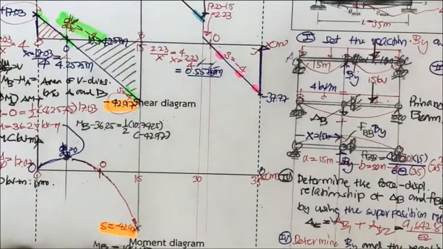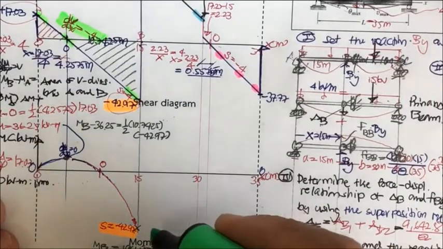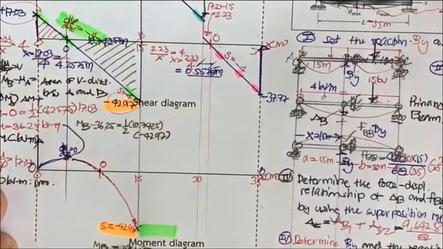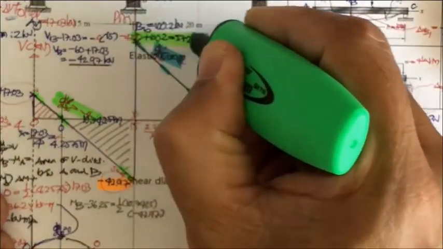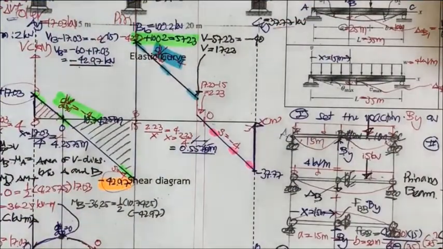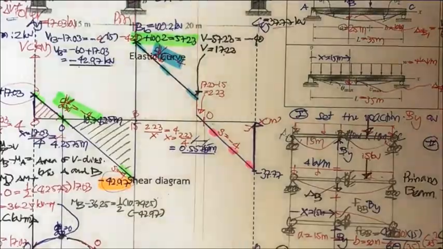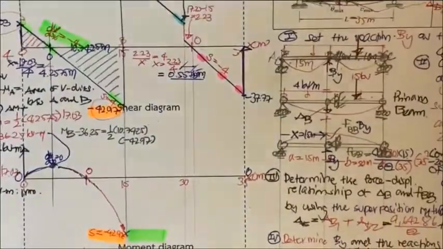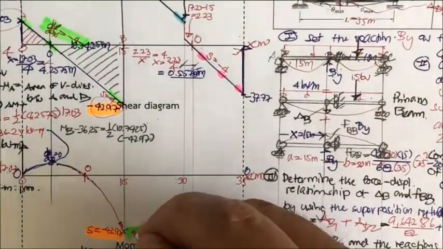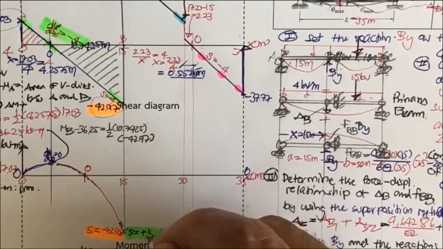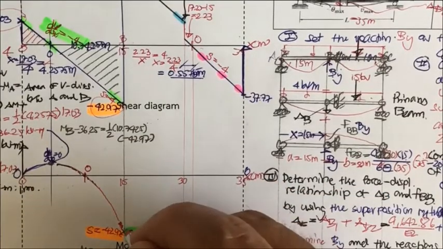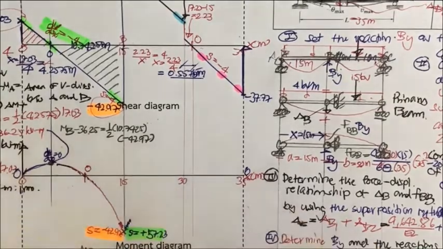and what is going to be the slope of this side? The slope of this side is gonna be the value here. That is positive 57.23, right? So this one is going to have the s equal to plus 57.23, so it's going to be up.